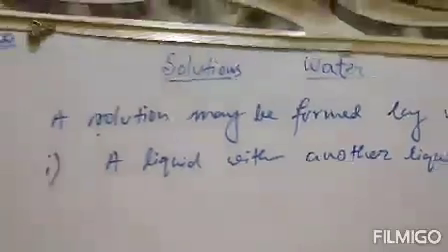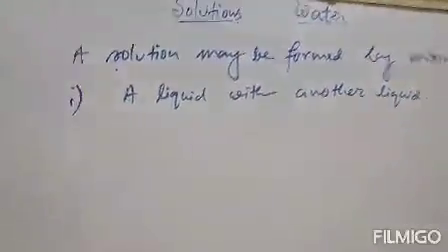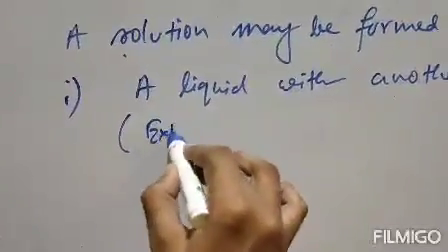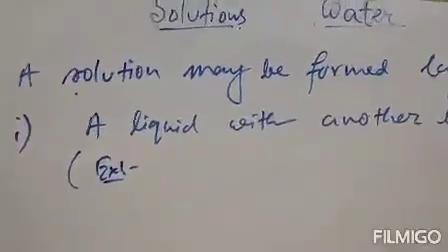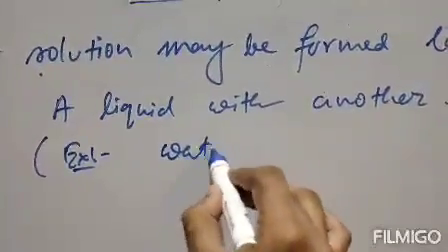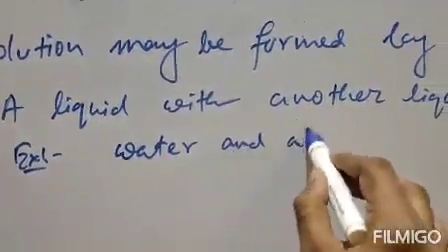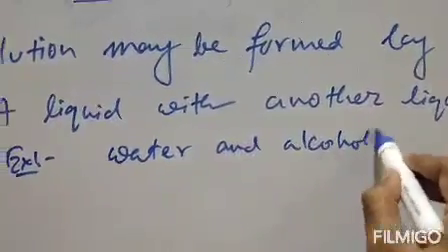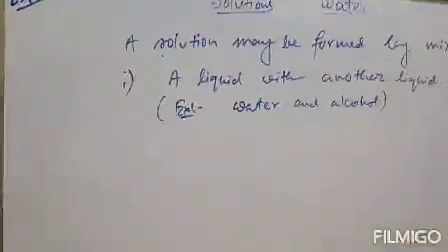For example, suppose you are mixing water with alcohol. Water is one liquid and alcohol is another liquid. So if you are mixing water and alcohol, in this way a solution can be formed.